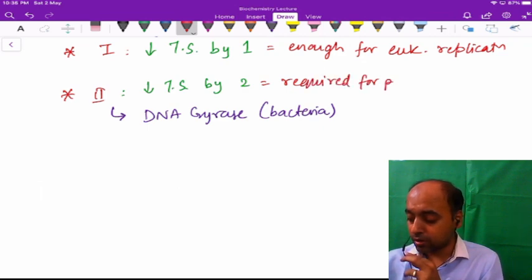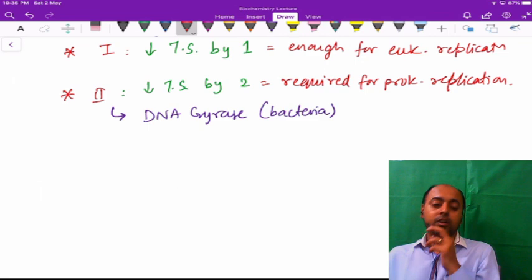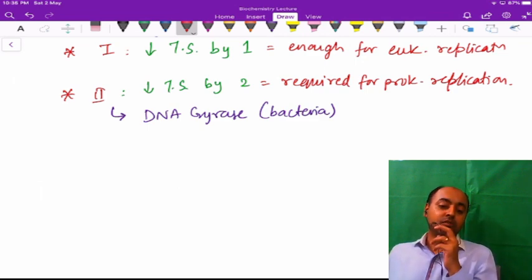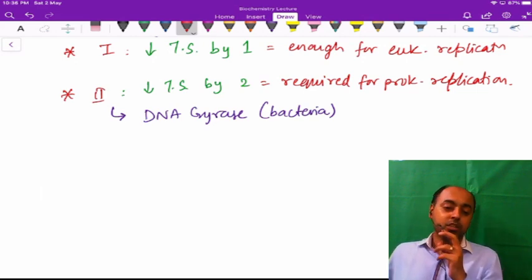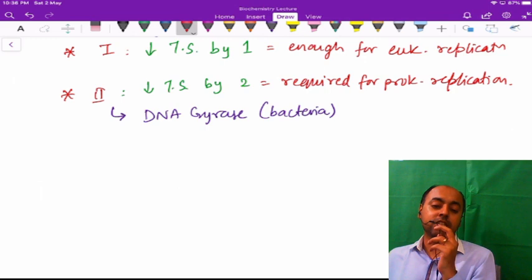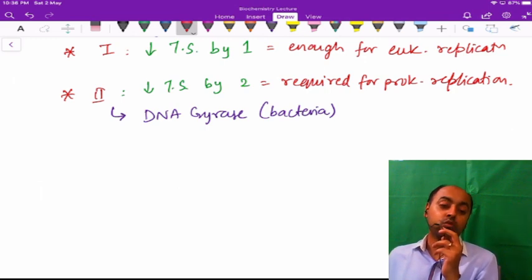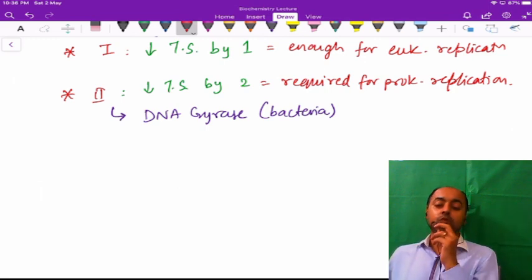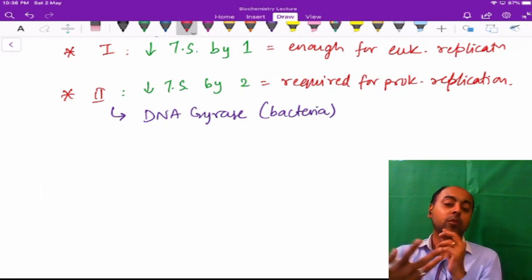for the prokaryotic replication. What I want to say here is, I am saying that topoisomerase 1 is enough for eukaryotic replication. This implies that it is also present in the prokaryotes. I'm saying that 2 is required for prokaryotic replication, but at the same time the 2 is also present in the eukaryotes. So here we are talking about the preference.